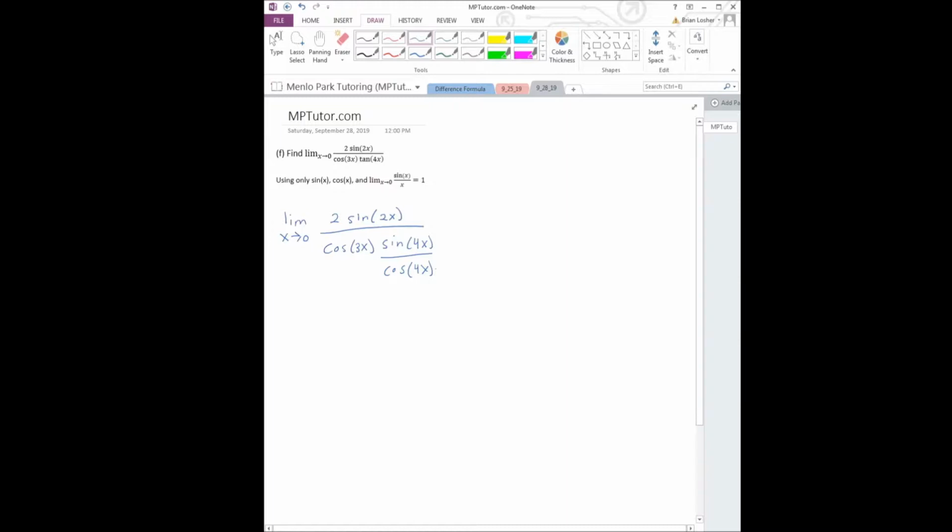Simplifying this into one fraction is going to give us the limit as x approaches 0 of 2 times the cosine of 4x, and I got that from the denominator, times the sine of 2x all over the cosine of 3x times the sine of 4x.